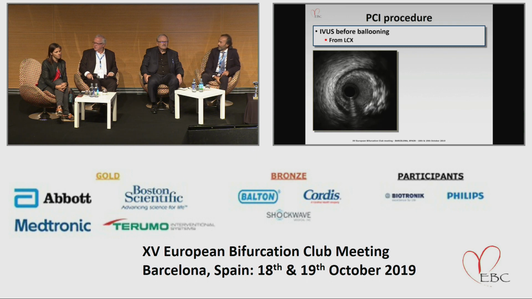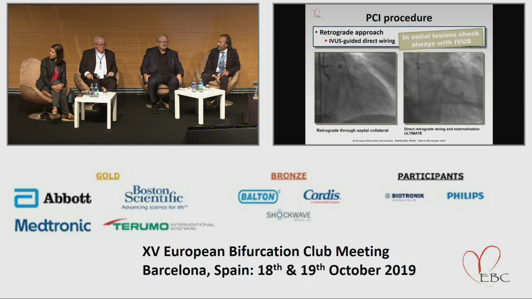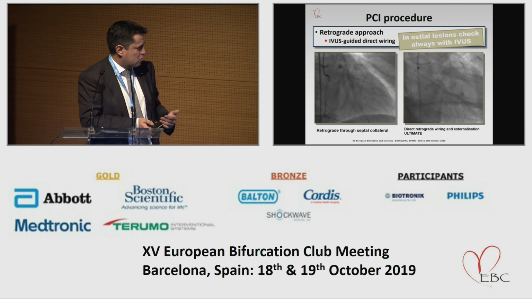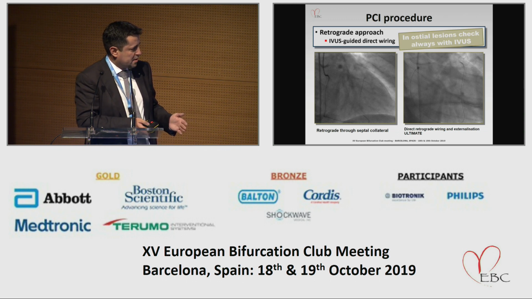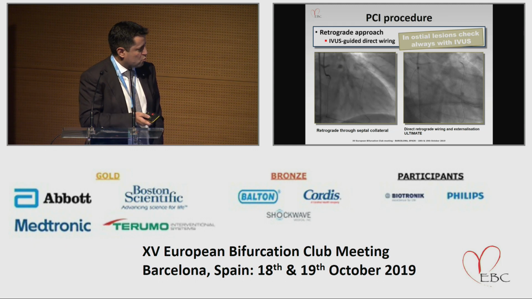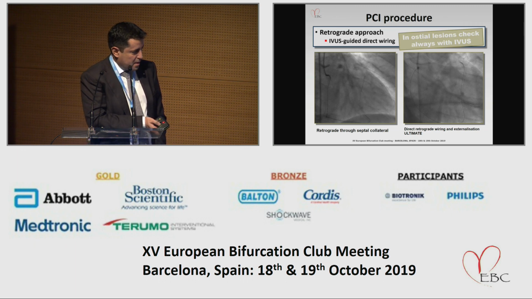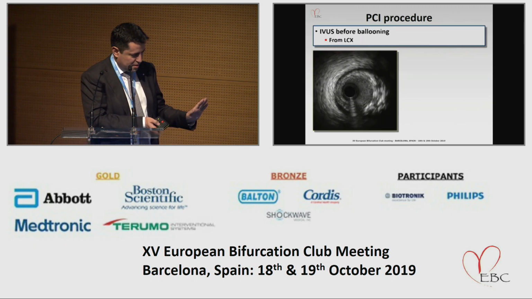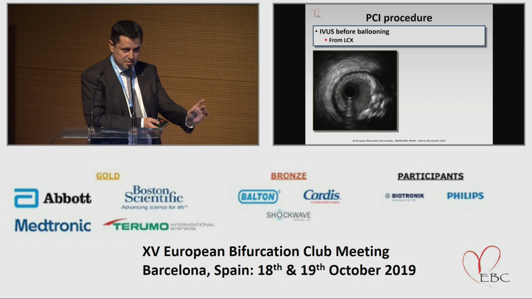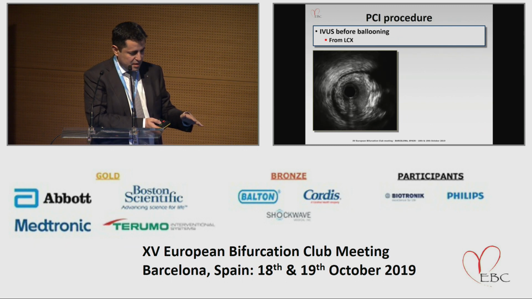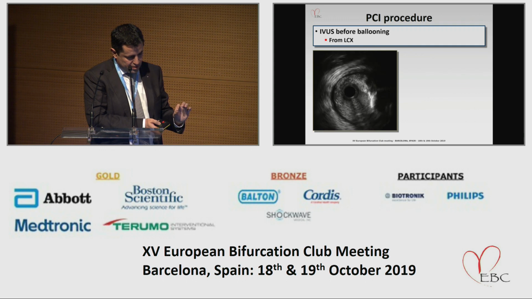No, we decided to perform directly a retrograde case because it was an ambiguous cap and there was a retry to do it antegradely. So we decided to go directly retrograde because we thought it would be easier. In the left main, we always check with IVUS how it is, and pay attention because this is the key image for the story. We are in the circumflex, you see the wire at 3 o'clock, more or less.